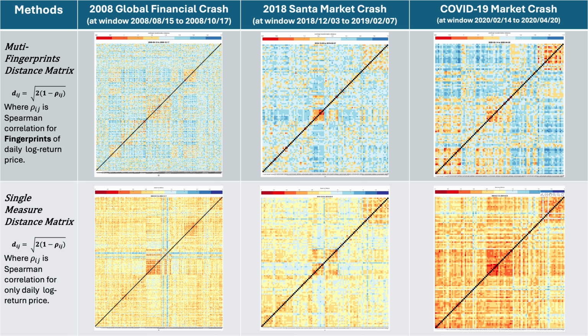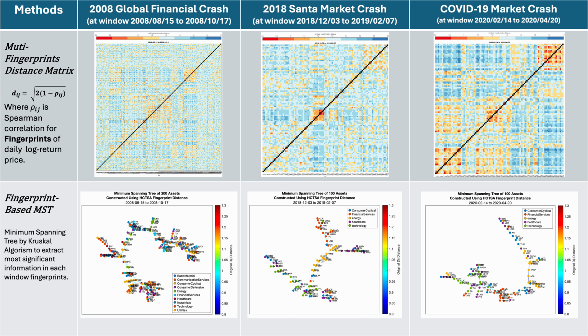Later on, I used Kruskal's algorithm on the fingerprint-based distance to extract the strongest links that connect all assets with minimal total distance. Each node represents an asset colored by sector, and each edge shows the most significant similarity in high-dimensional behavior, which is the fingerprint of the price series.